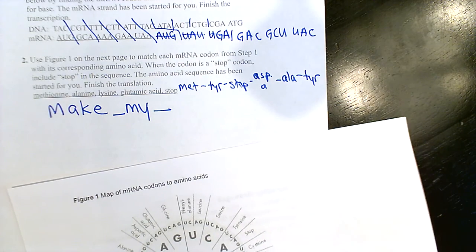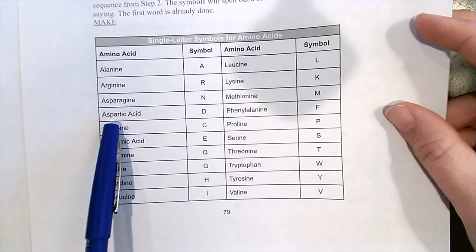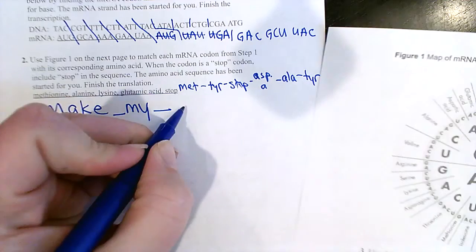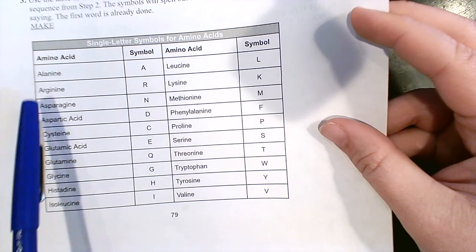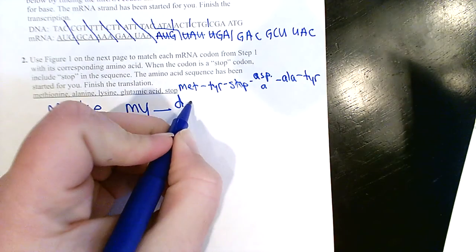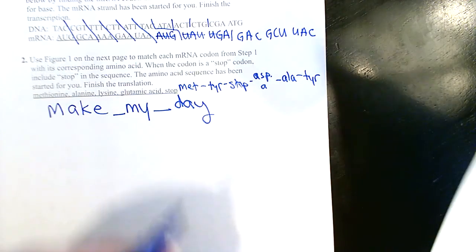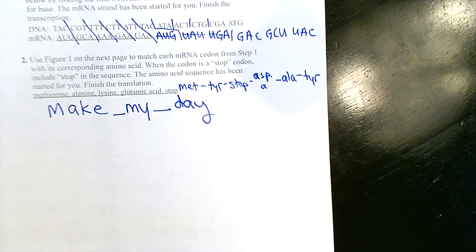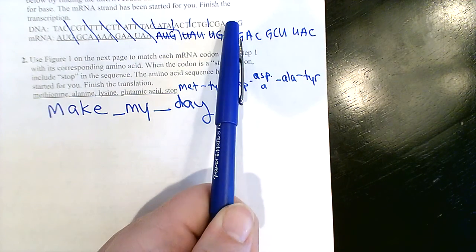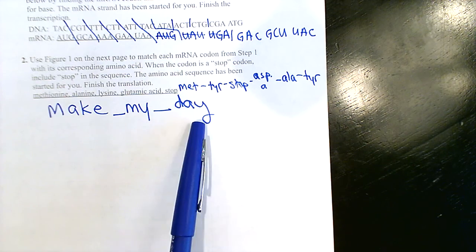So we have 3 left here. Aspartic acid is a D. Alanine is an A. And tyrosine is a Y. Make my day. Okay, so that's what this code was trying to say.